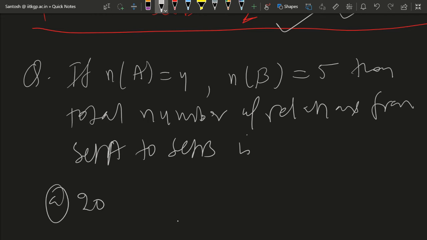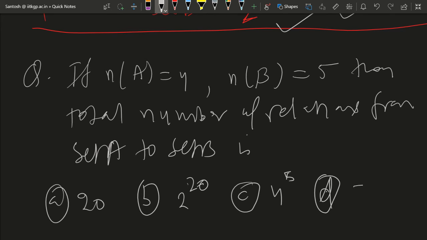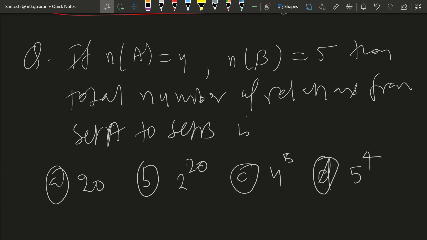Options are like, suppose they may give you 20, they may give you 2 raised to power 20, they may give you 4 raised to power 5, or they may give you 5 raised to power 4. So these are the four options. Tell me which one is correct.